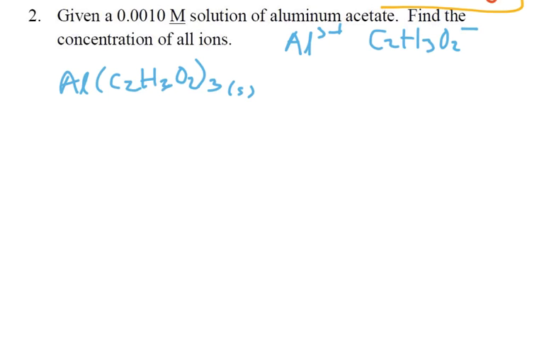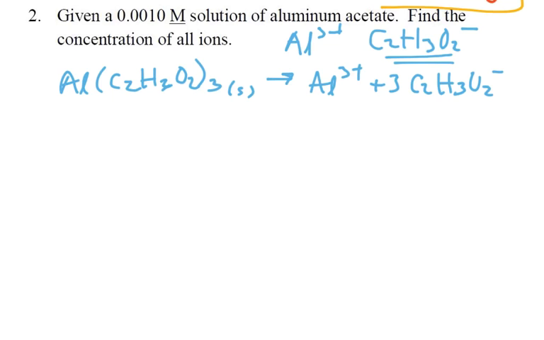Now, what happens to that is, again, we know our solubility rules, acetate ions make a substance very soluble, so this will completely dissolve, and when it does, we're going to get 1 aluminum ion, aqueous, plus 3 acetate ions. So we get a 1-to-3 ratio.